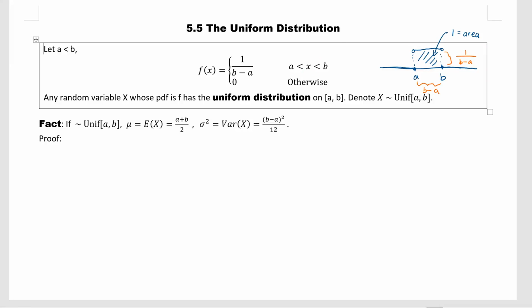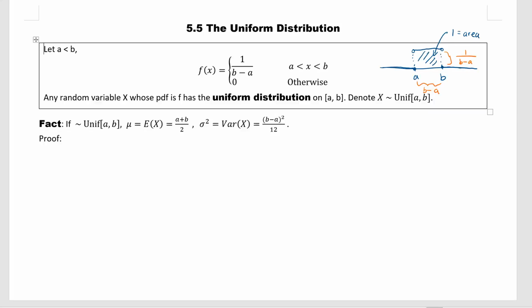All right. So fact: if X has the uniform distribution, then the mean equals a plus b over 2, and the variance equals b minus a squared over 12.